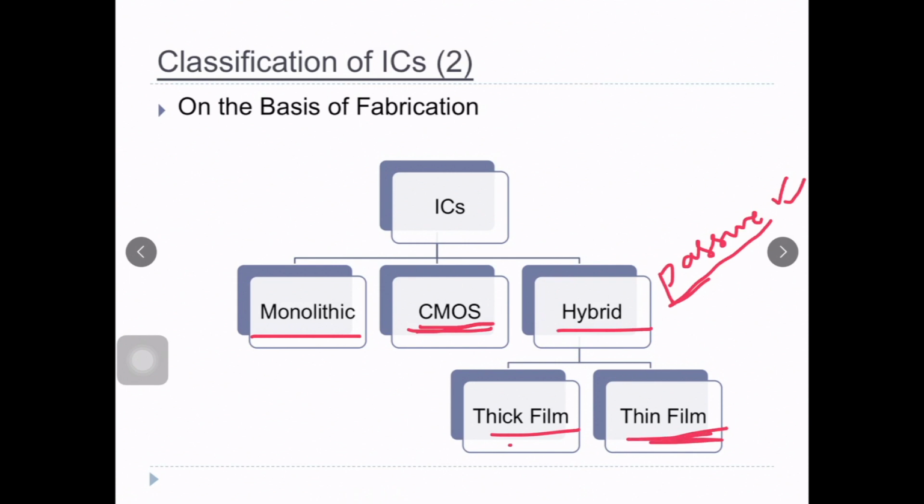In a thick film hybrid IC, the resistors, capacitors and interconnections are etched on the substrate by silk screening. This is the case of thick film. And in thin film, as I have already told you, the suitable material is evaporated on the substrate to form the resistors, capacitors and the interconnections between them.